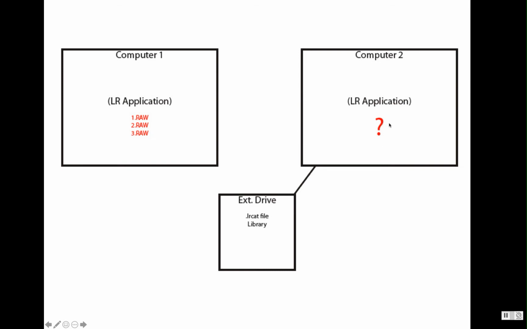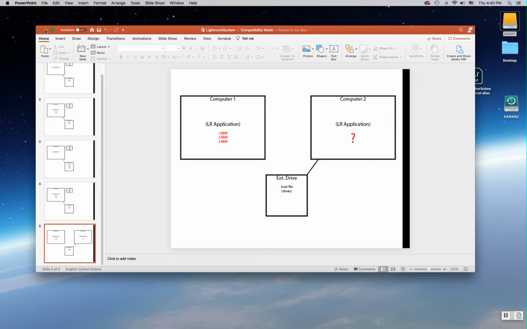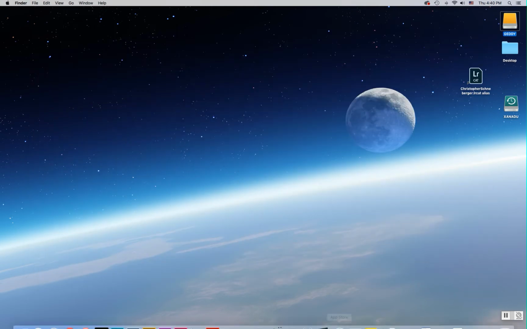I've got a record for these raw files, but I can't find them. They're located in a different place than the catalog says I can get to, or the catalog says they're in a place and I can't get to them.